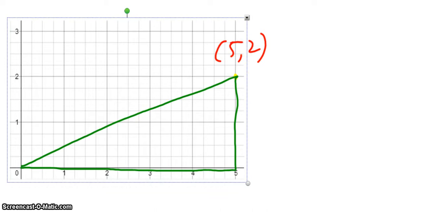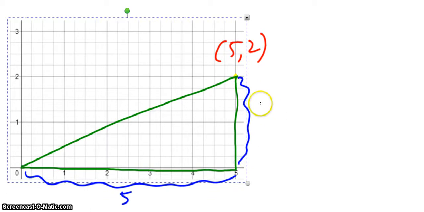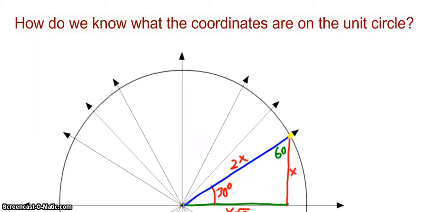If I draw a right triangle from the origin, this side right here is 5, and this side right here is 2. So this gives me my x value, and this gives me my y value.